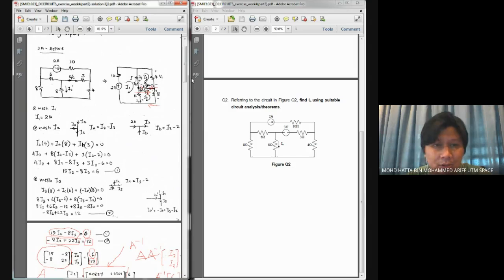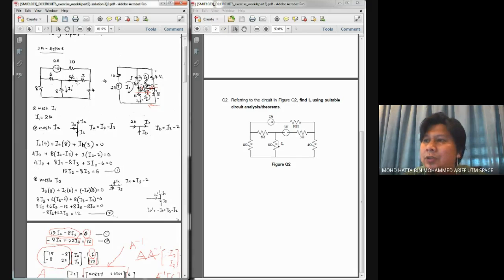So other sources should be treated as 0 voltage or 0 current, 0 ampere. For example, for these 2 ampere, remember that earlier we have voltage source over here. I treat this voltage source as short circuit, because if I treat this one as short circuit, it will lead towards V equals to 0.